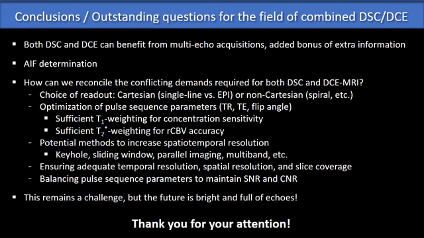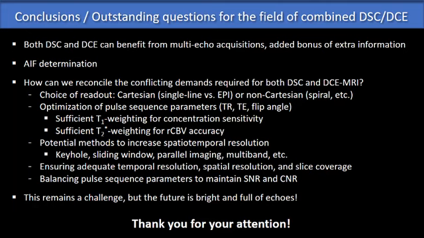And if we can get the added information for free, that would also be great. A remaining question is still AIF determination. It's not clear whether we should be using a DSC AIF, a DCE AIF, or a combination of the two, and how the different AIF characteristics might vary between the methods.